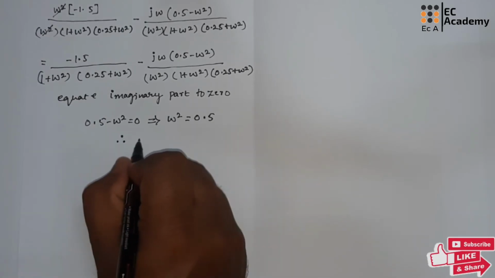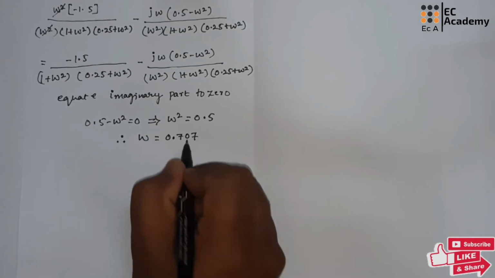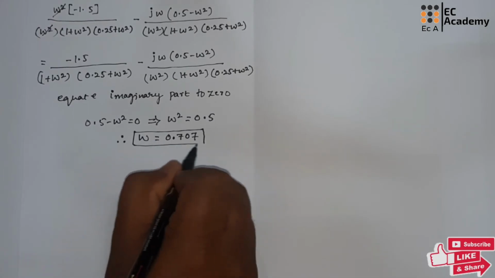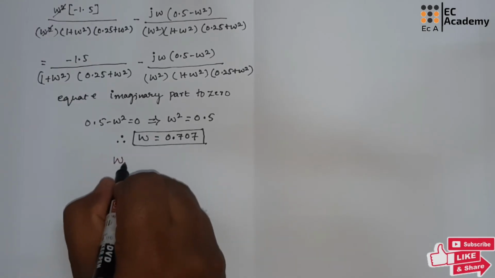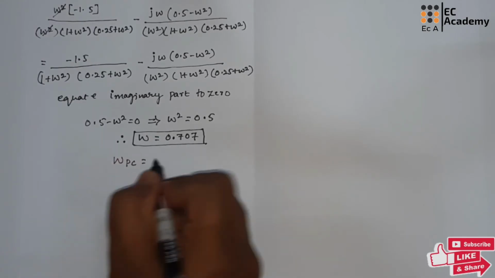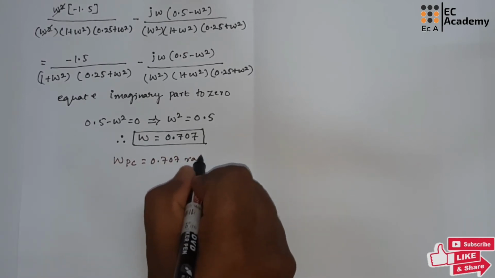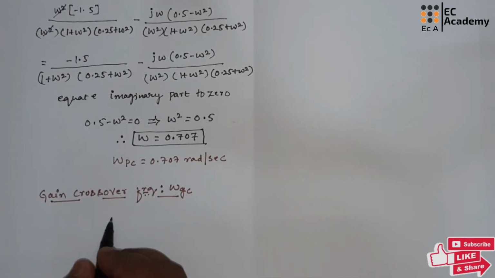Therefore omega is equal to 0.707. So this value of omega is the phase crossover frequency. So we can write omega pc is equal to 0.707 radians per second. Now let us find the gain crossover frequency.